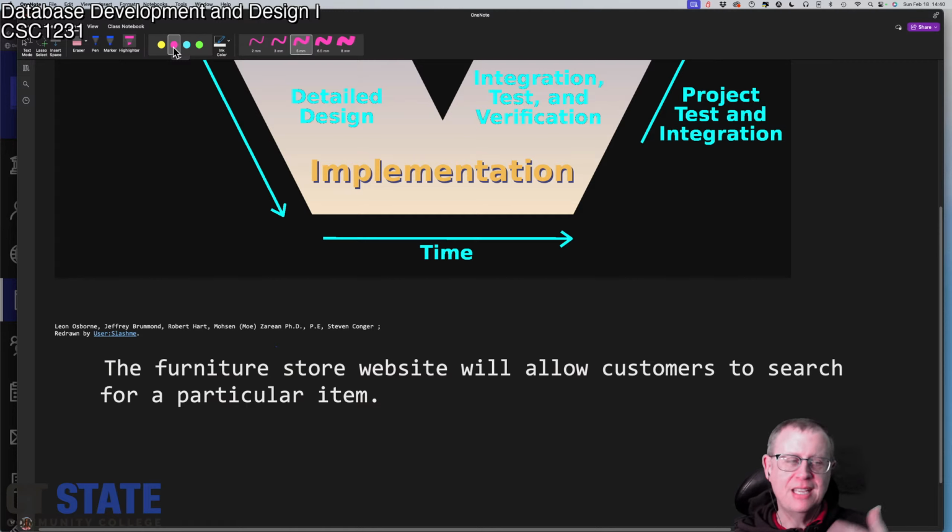where you're saying what the thing will do, and then entities, or sometimes attributes, are the nouns within the sentences. So for example, here it's a bit of a long thing, but furniture store website is sort of a noun, but it's the whole system. This is the system we're going to build, but it's still a noun.